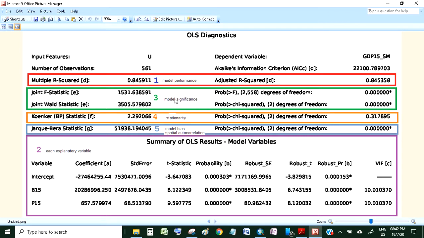So this is the overall performance of the model. As per this result, this performance is fantastic.